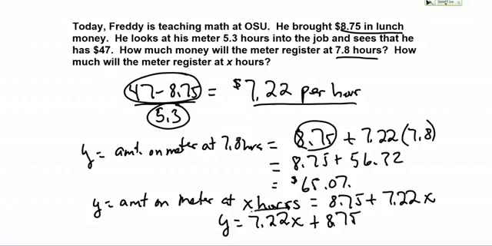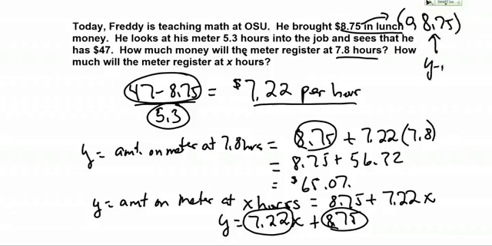So now you see here is your slope times x plus the initial value, and as we know, this was how much he had at 0 hours. He had $8.75 at that point. This is basically your y-intercept if you were graphing the line.